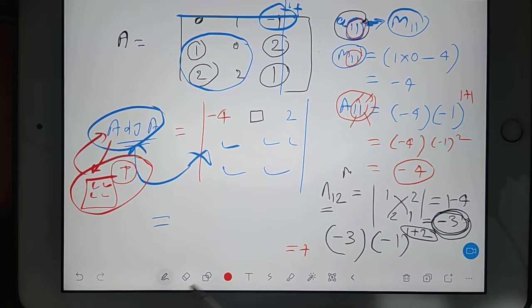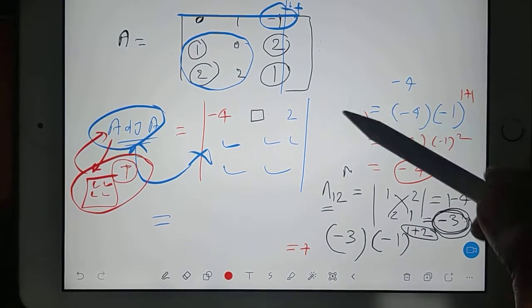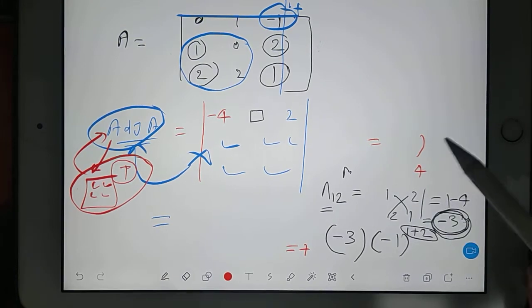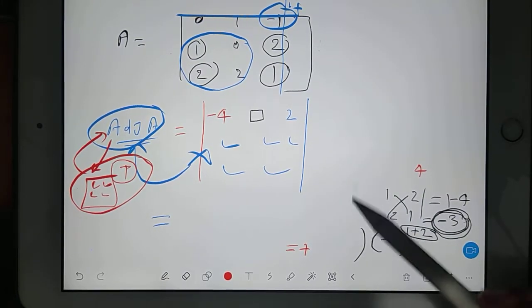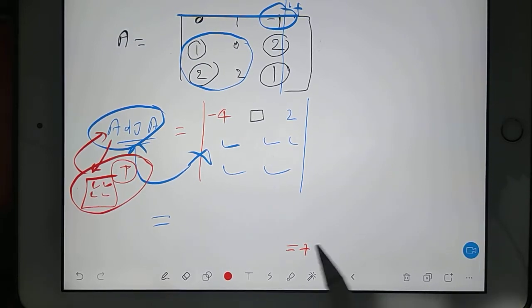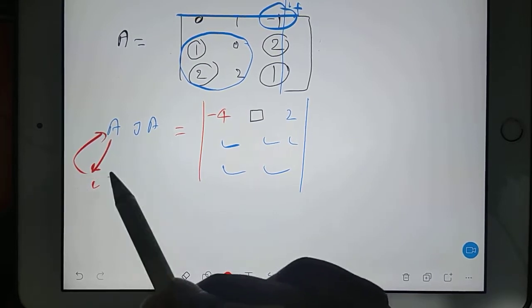Okay. Now if any student is doing very fast, then give me the complete answer for adjoint A, guys. Give me complete answer for adjoint A. Then I will also check how accurate you are in the pressure. Okay, let's see how many of you are getting correct answer in the pressure.